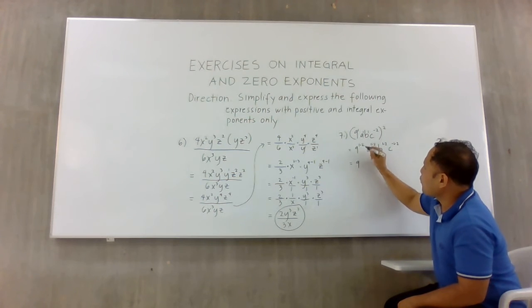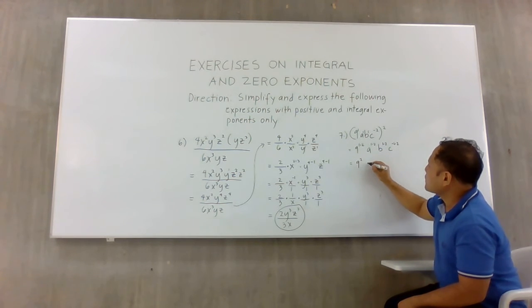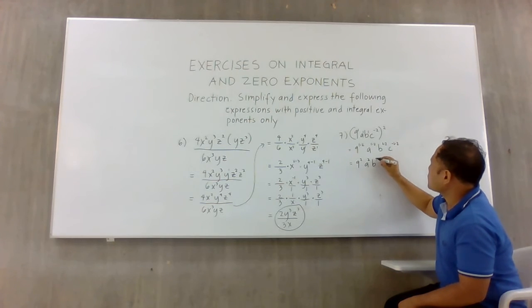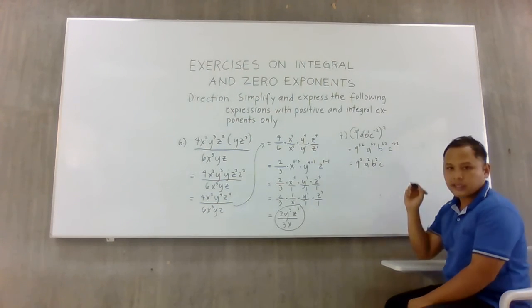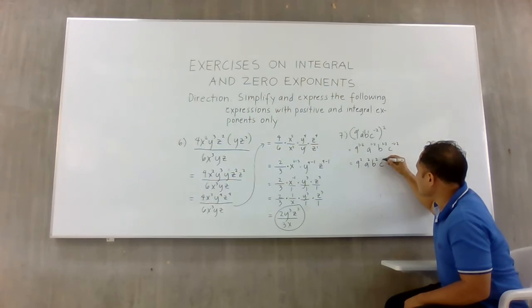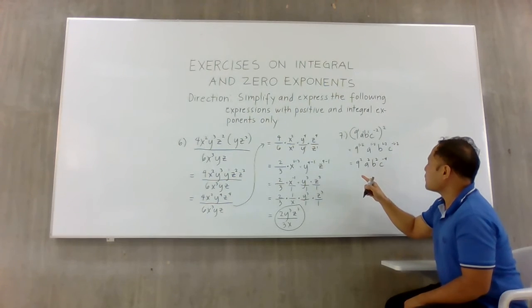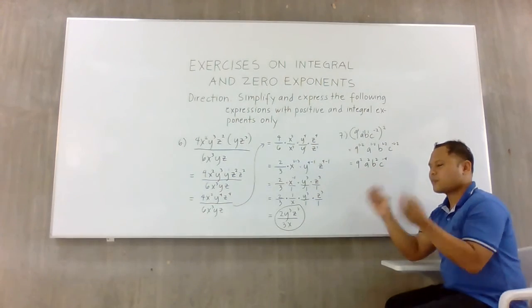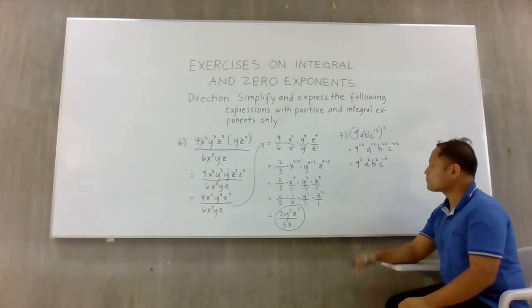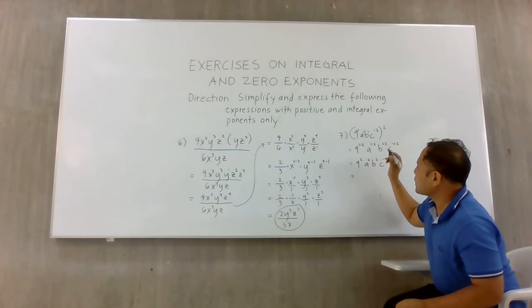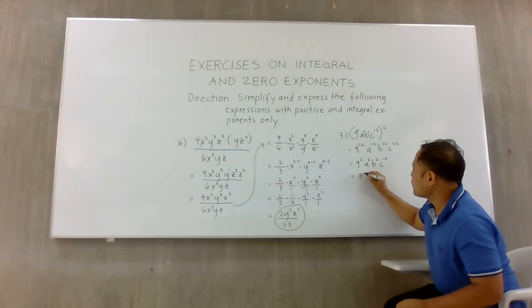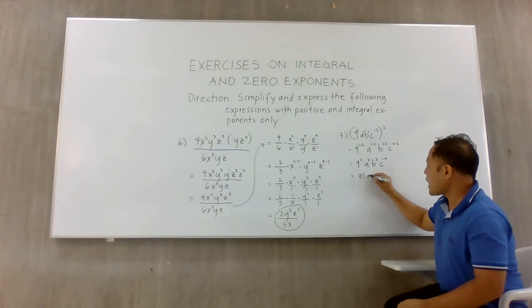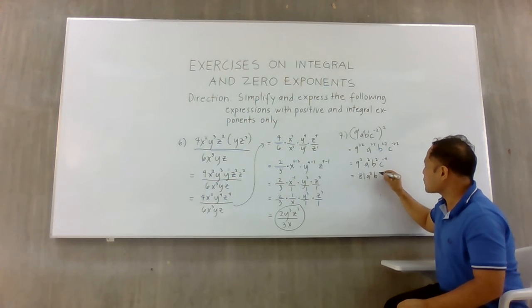So 9, 1 times 2 that is 2, A 1 times 2 that is 2, B 1 times 2 that is 2, C negative 2 times 2 that is negative 4. We are multiplying so far. No subtraction, no addition. 9 squared that is 81 times A squared times B squared.